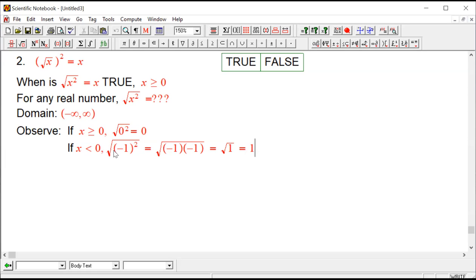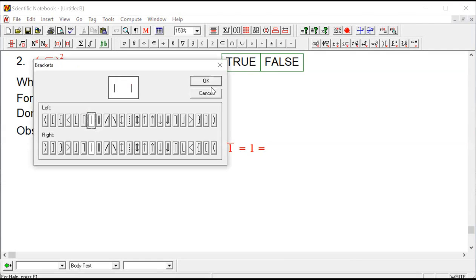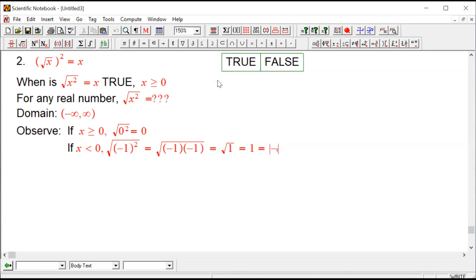We start with X as -1 and end up with 1. 1 is the opposite of -1, and 1 is also the absolute value of -1, isn't it? Let's just keep this pattern. I'm going to expand that in the future.